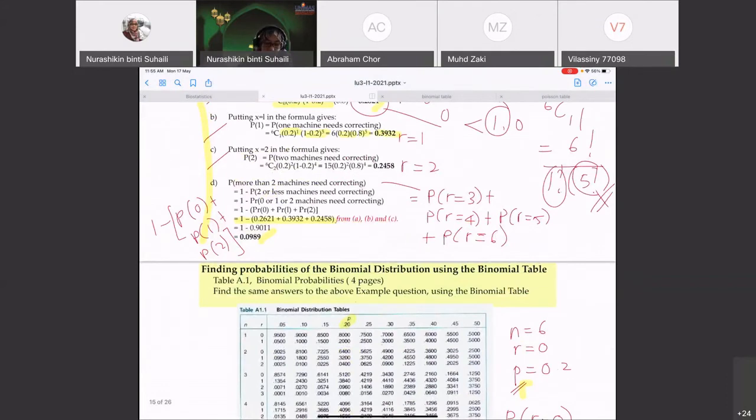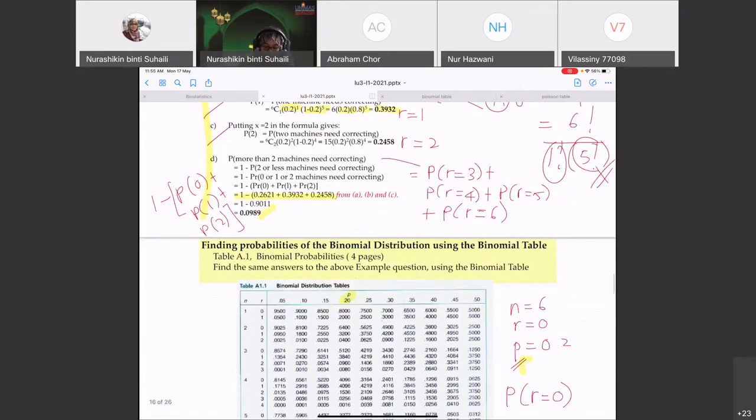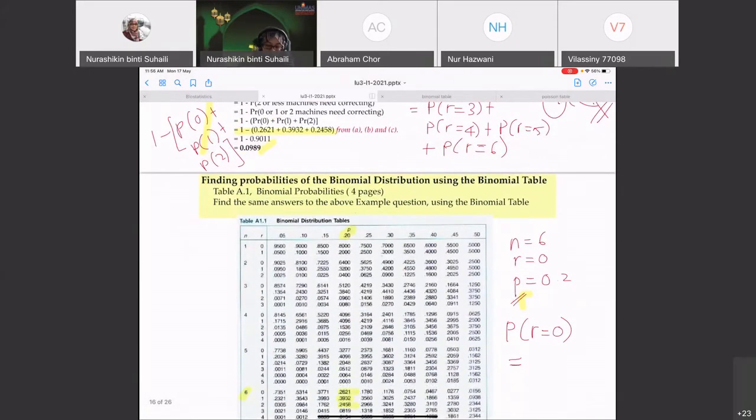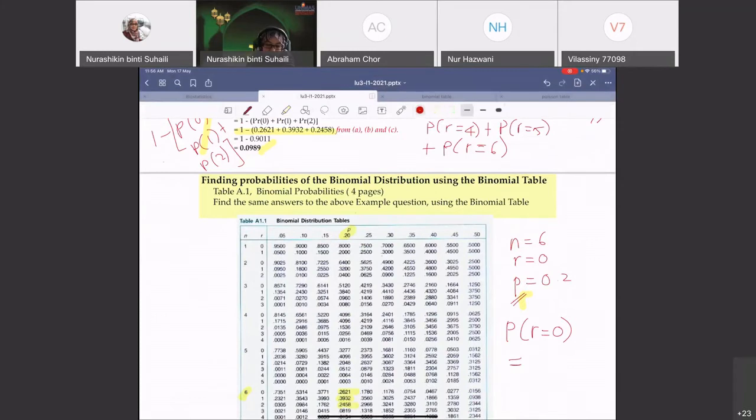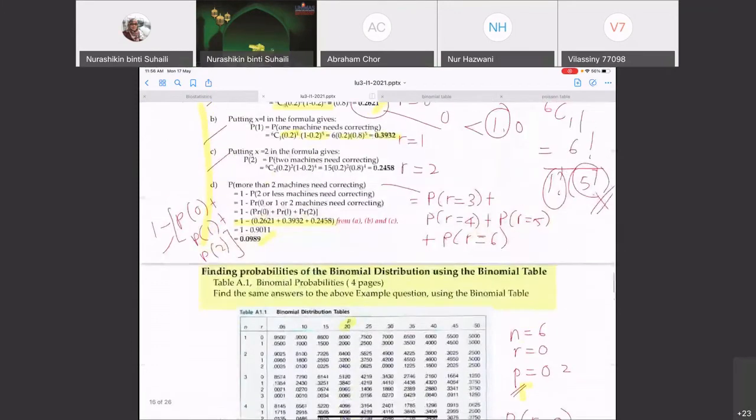But if you want to solve, for example, question D, you have to take note of the values, for example P0, P1, and write them down. You cannot just get it from the table. So you get the values for P0, P1, P2, and then you have to subtract the whole sum from 1, if you use this formula.